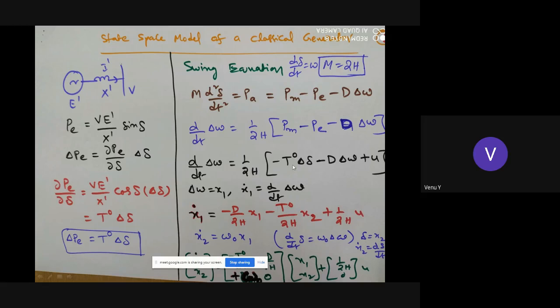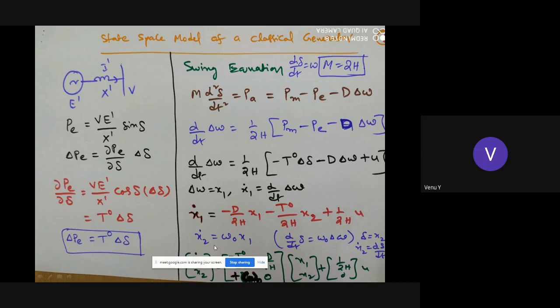That is expressed as 1 by 2H into minus T naught delta delta minus D delta omega plus u, where u is the input, the mechanical input Pm. Here delta omega is equal to x1, so x1 dot is d delta omega by dt, and x1 dot equals minus D by 2H x1 minus T naught by 2H x2 plus 1 by 2H u.